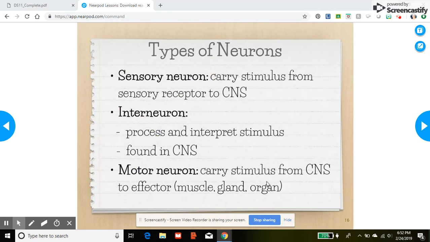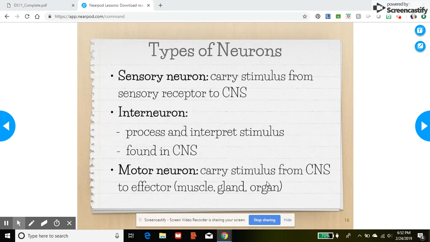All right, so looking at types of neurons, we already covered this at the very beginning, simply talking about function, but there is actually a specific neuron that goes with each one of these. Our sensory neuron, like I said, carries the stimulus from our sensory receptor to the central nervous system, either brain or spinal cord. Then we have our interneuron, I think between, right?